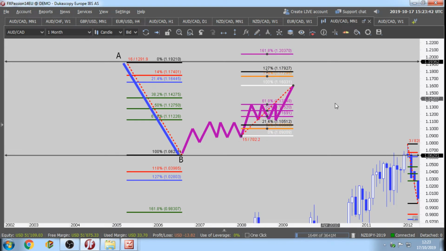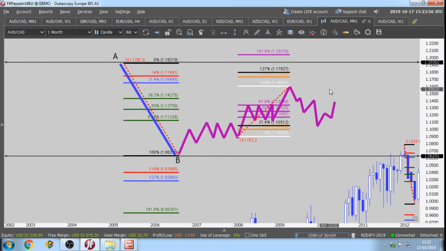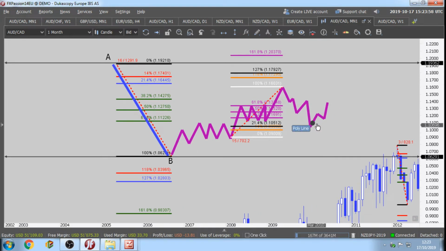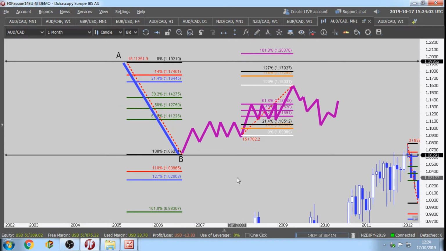This is your contrarian Fibonacci, right? And the market is moving sideways, step by step, like this. Okay? Tell me, do you have a confirmed C?